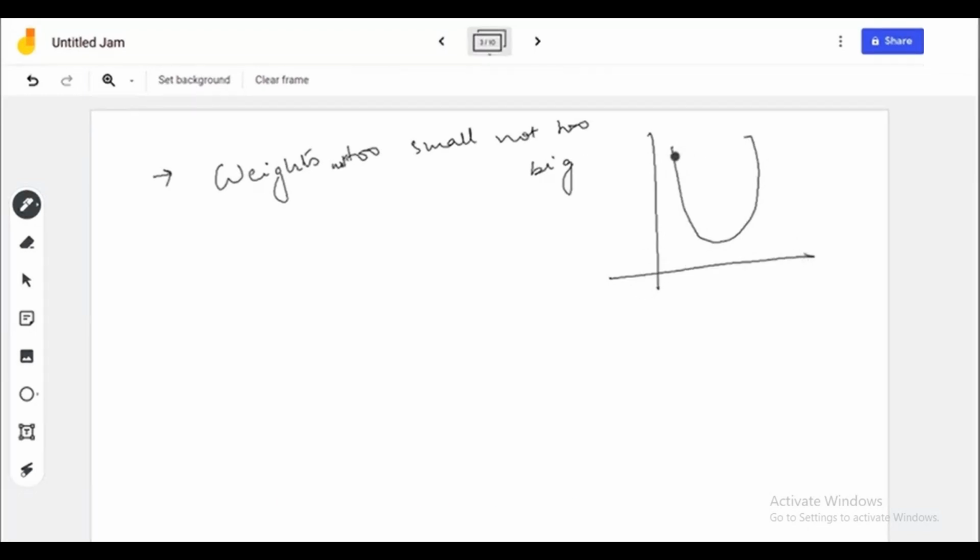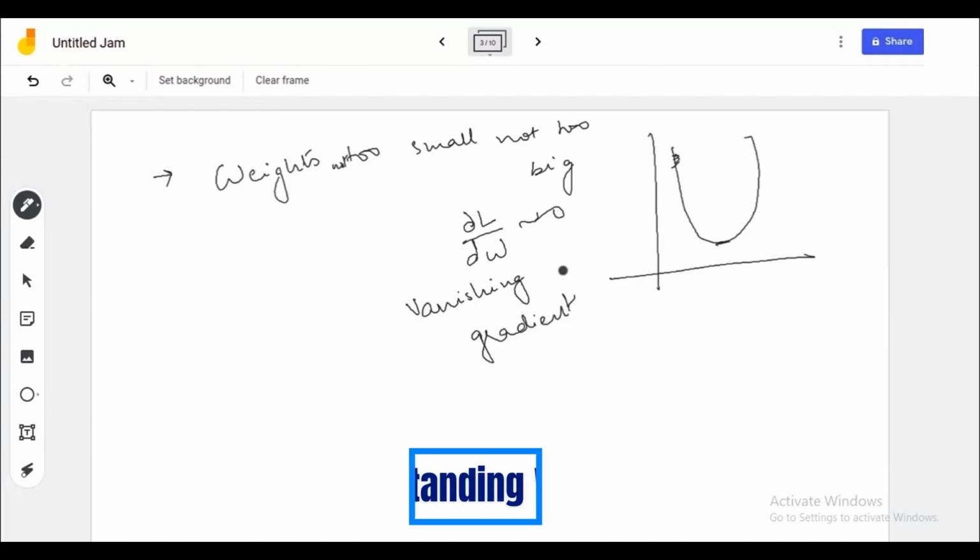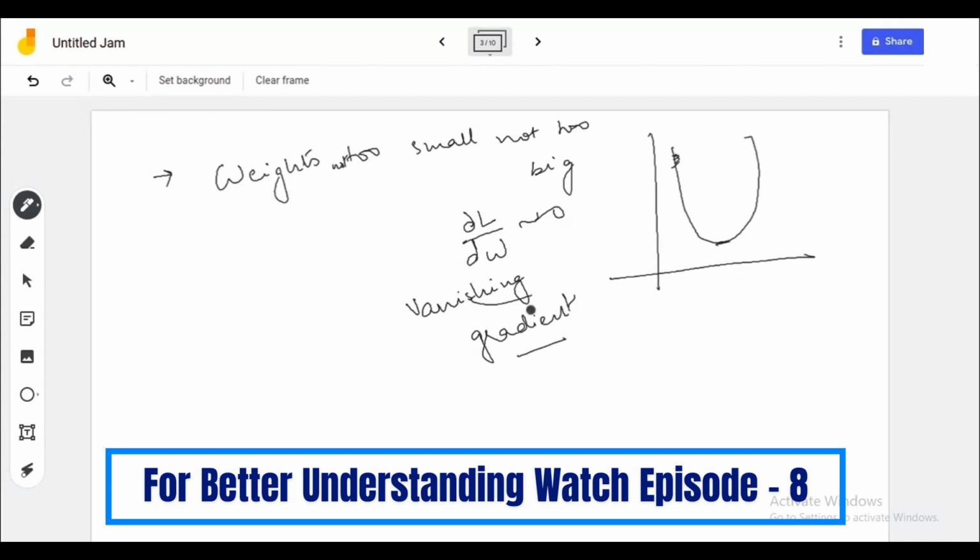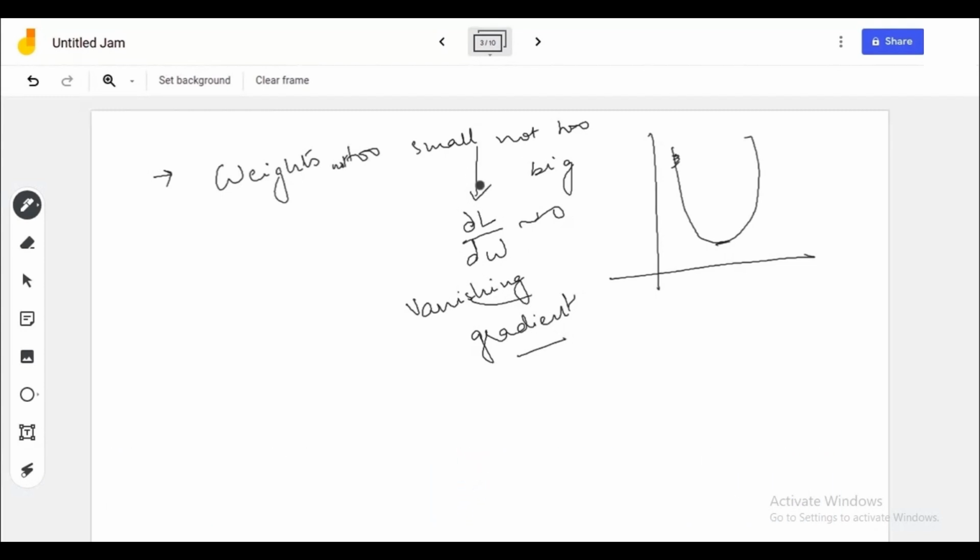What I mentioned is if we go very slowly, our weights are not getting updated a lot and it will take a very long time to converge, or maybe we might not even reach there. If the differentiation is very small, our weights will not get updated, and this problem statement was known as the vanishing gradient problem. That means the gradient vanishes or becomes zero, as the name suggests. So this happens if the weights are too small.